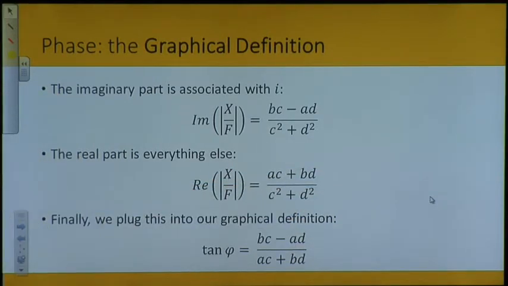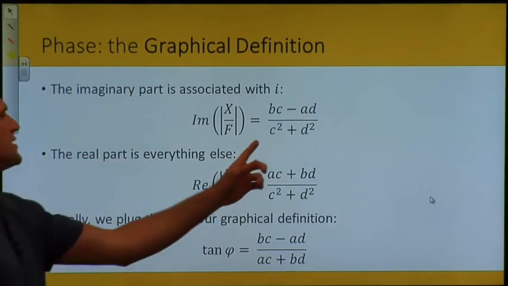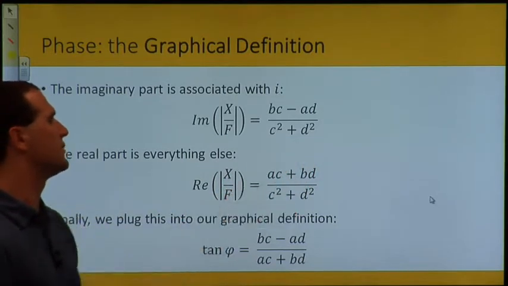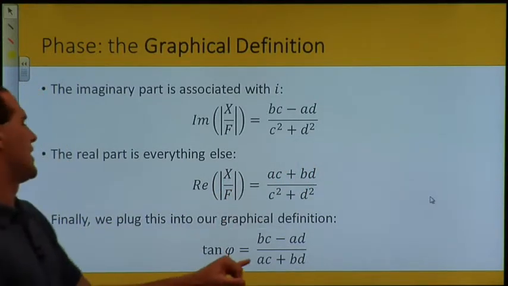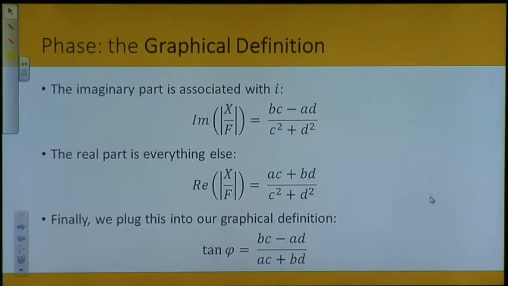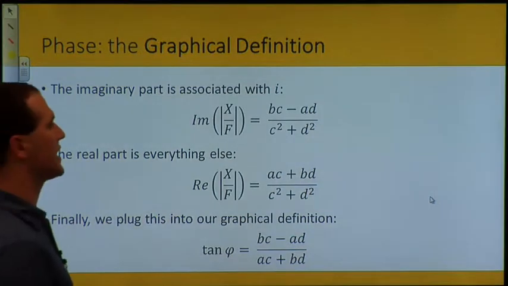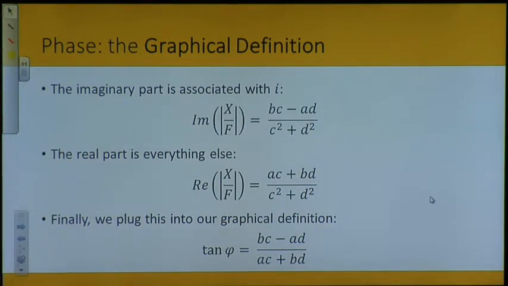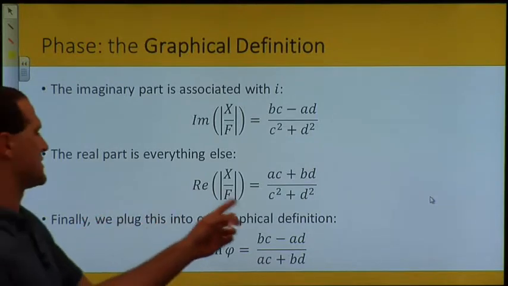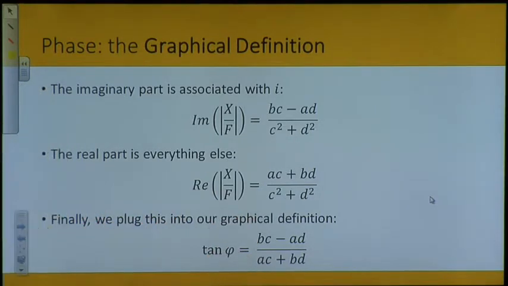If I plug this in, the imaginary over the real, we can see that the C squared plus D squared term is common to both, will cancel out, and you get this result. So what I've done is represent the phase as simply the sum of its components in complex space: BC minus AD over AC plus BD. So it's entirely the complex components.